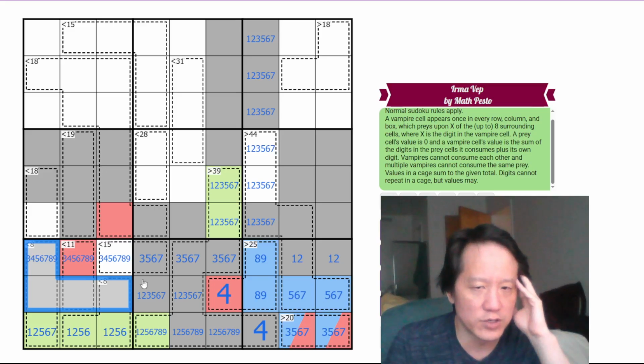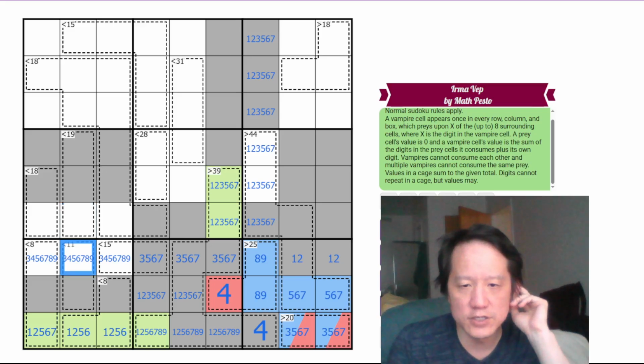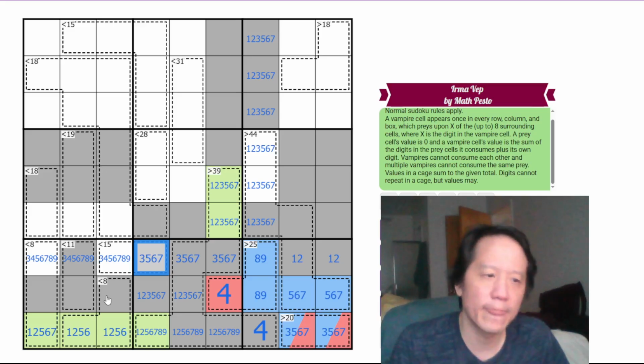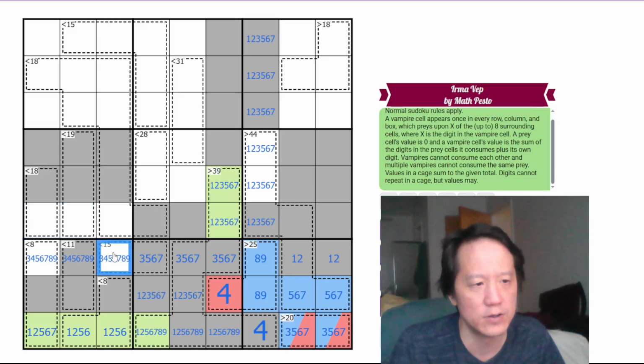Because then these would all be preyed upon by at best this one, which would then sum up to it, and that would be 24. So this cannot be essentially a vampire. So then two of these have to be preyed upon, right? Two of these have to be preyed upon. The other one is a vampire.